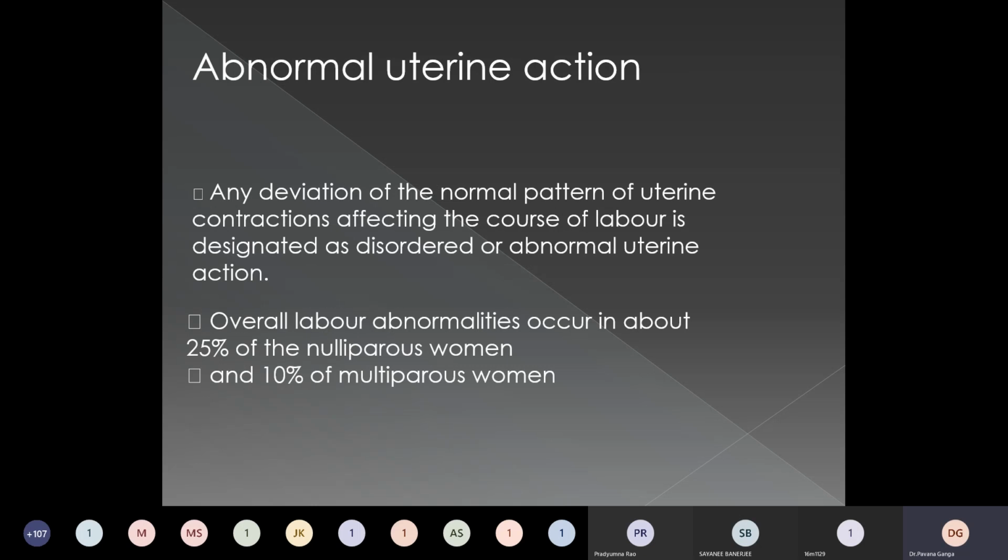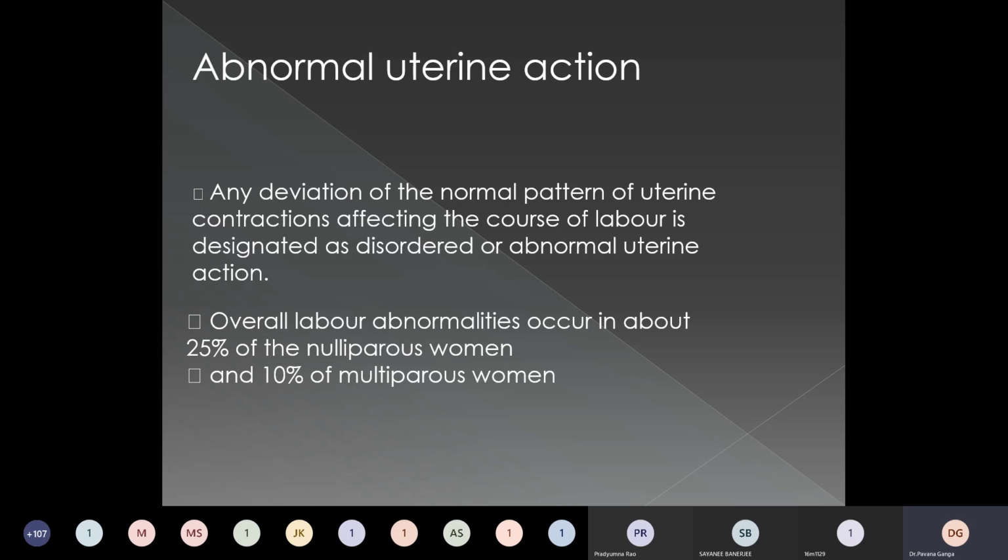Okay, so now coming to the abnormal uterine action. If there is any deviation from the normal pattern that I have explained to you, it is designated as disordered or abnormal or incoordinate uterine contractions. Say for example, you have a lady who entered into labor.